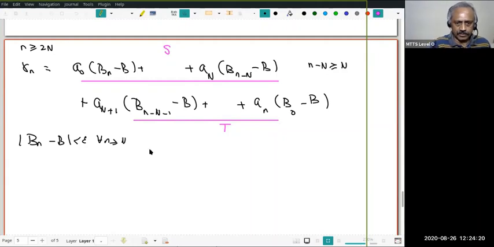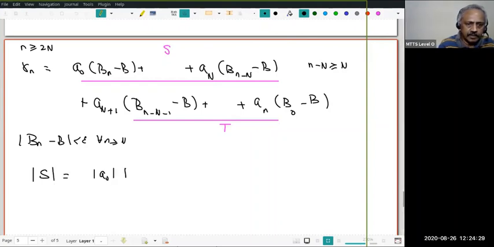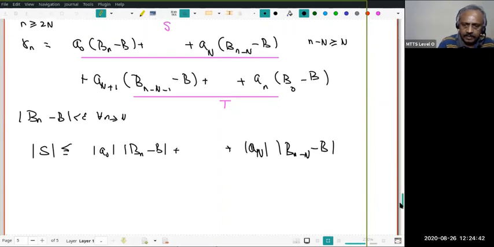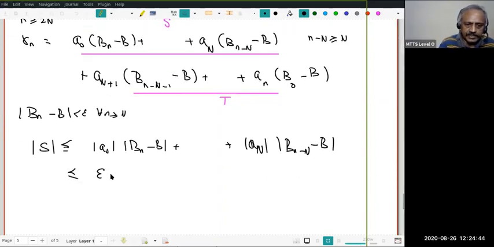So I want to know how to estimate S. An obvious estimate is mod S less than or equal to mod a_0 times mod b_n minus b, plus and so on, plus mod a_N times mod b_{n-N} minus b. Is that okay? Now this is less than or equal to epsilon times mod a_0 plus and so on plus mod a_N, because each of the b terms is less than epsilon.